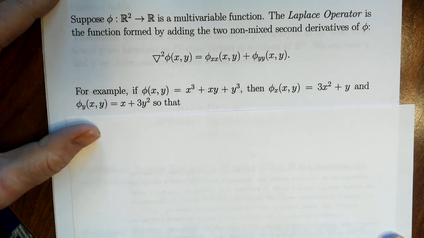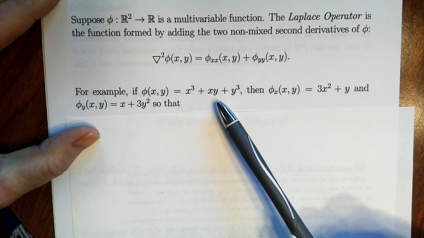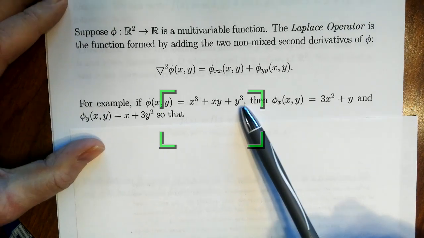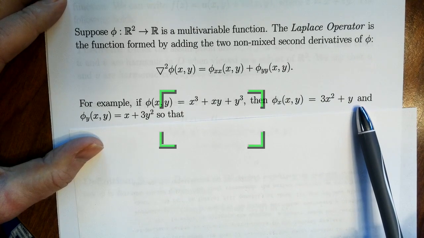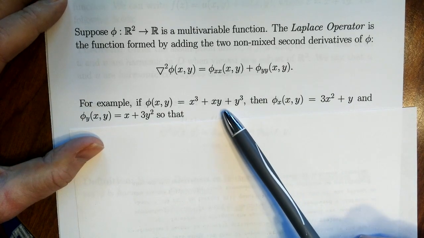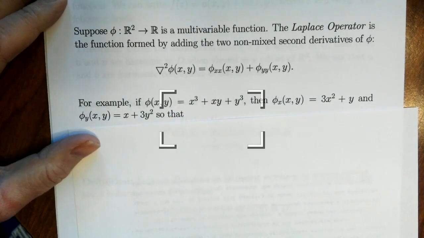So let's take a look at an example. If phi of x, y is x to the third plus xy plus y to the third, the first partial with respect to x would be 3x squared plus y. The first partial with respect to y would be x plus 3y squared.